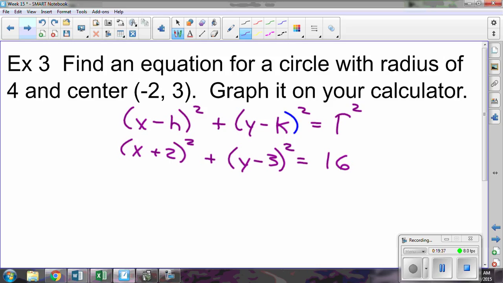How are you going to plug it into your calculator? We understand these graphing calculators require us to have something of the form y equals blah. Isolate the y. Absolutely right, you got to isolate the y. So start by subtracting over the x term.